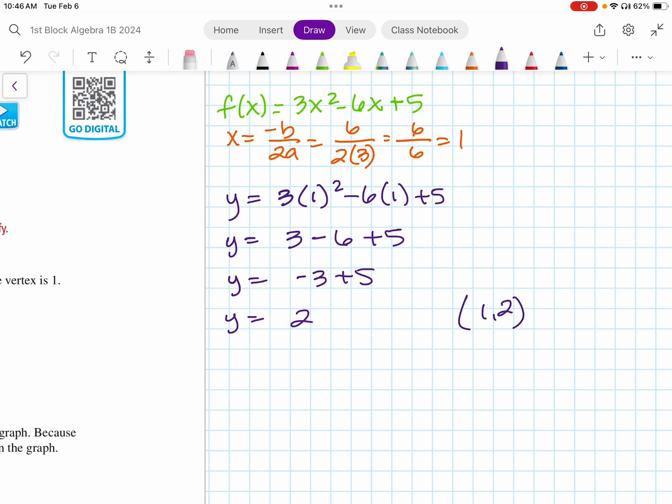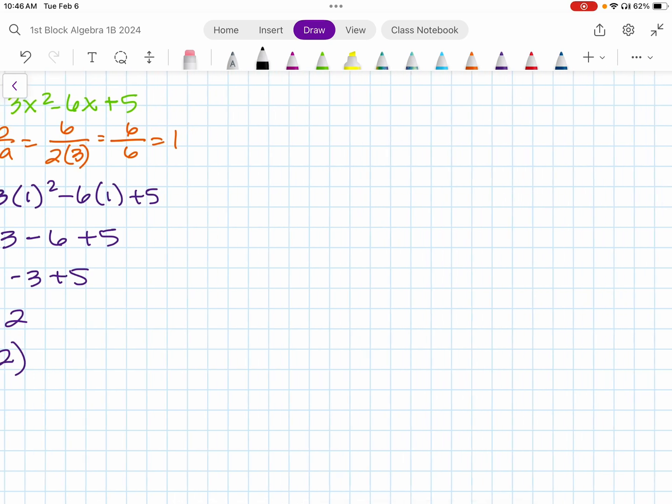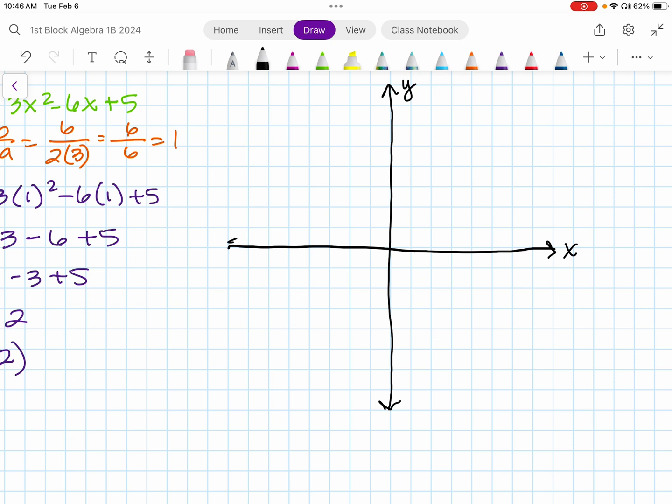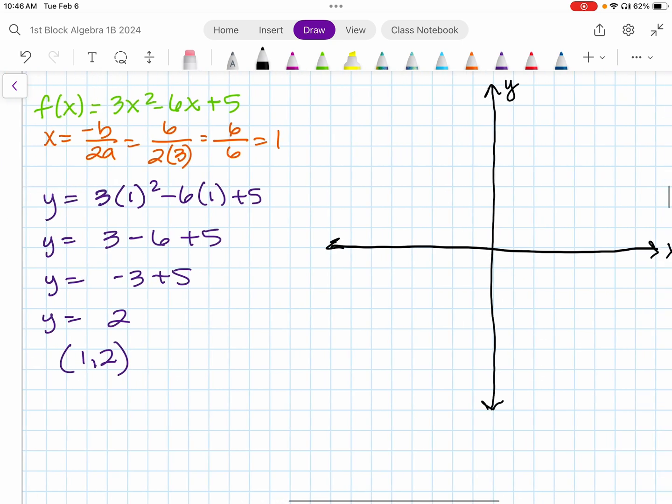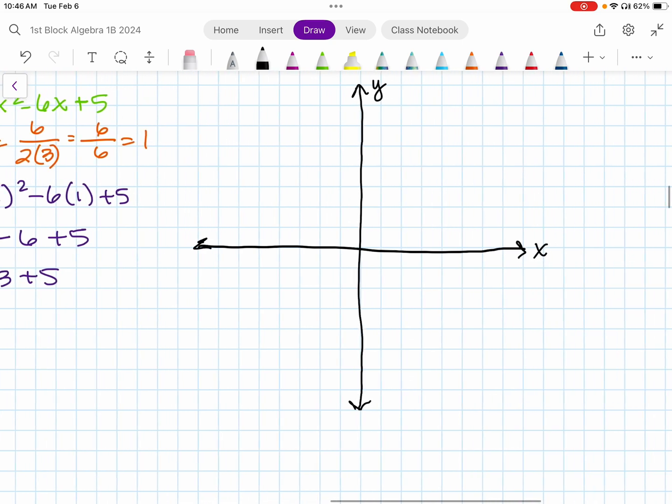And we're going to go ahead and graph that. Let's create a coordinate grid. That's why it's so great that we have this graph paper background. Label your axes. We're going to put our axis of symmetry at x equals 1.